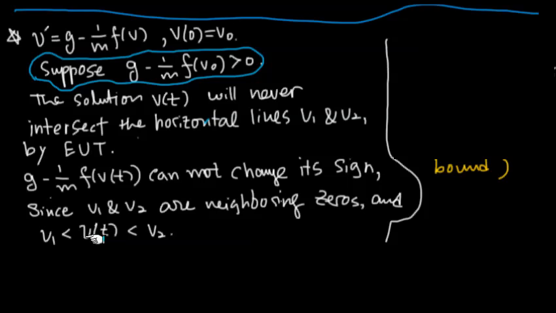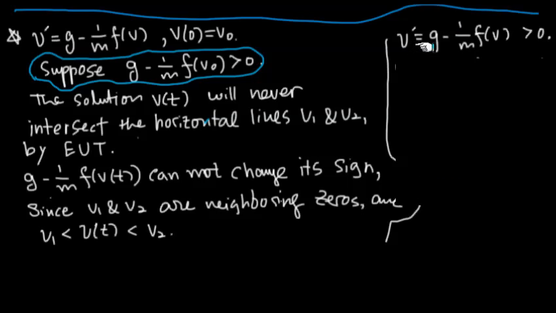So if it changes sign, it must be hitting v2 or v1. Therefore, because it cannot intersect any of those, it cannot change its sign. It's trapped in between these two values, and therefore the sign remains positive all the time.